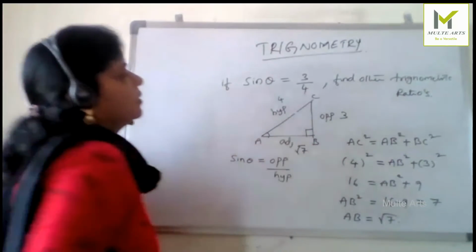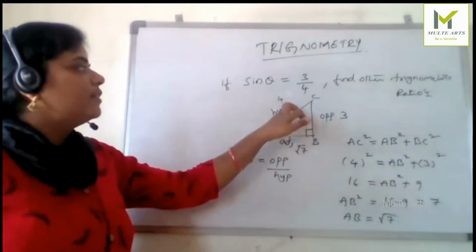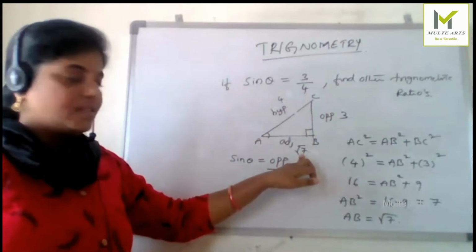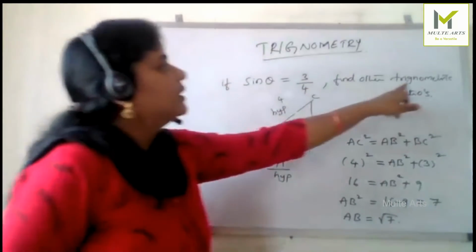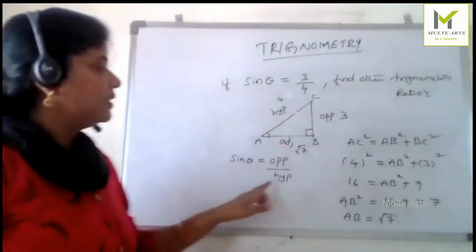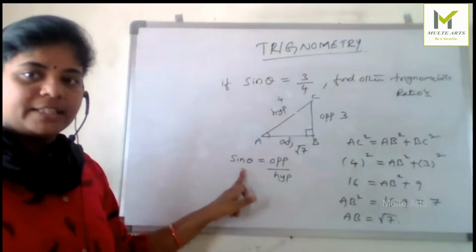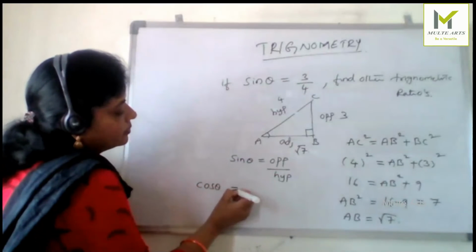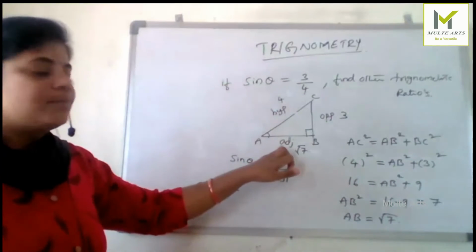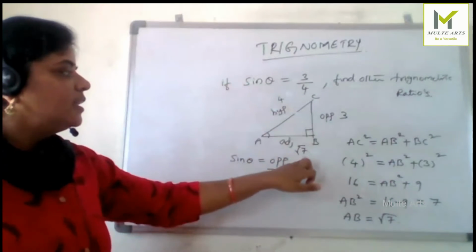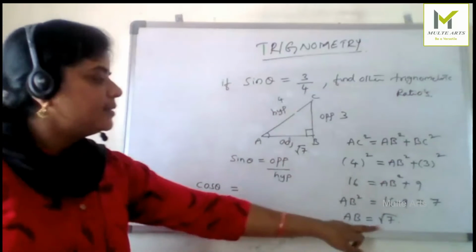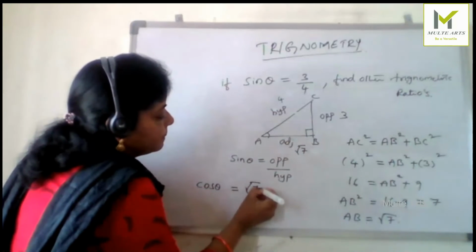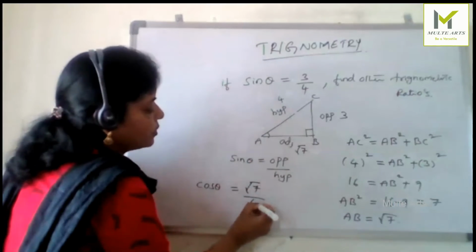This is how, if we know two sides, we can easily find the value of the third side. Now we can easily find the other trigonometric ratios. Sin theta is already given in the question. Now we can find cos theta. As I said, cos theta is adjacent by hypotenuse. The adjacent value we already found, that is root 7, and hypotenuse is 4.